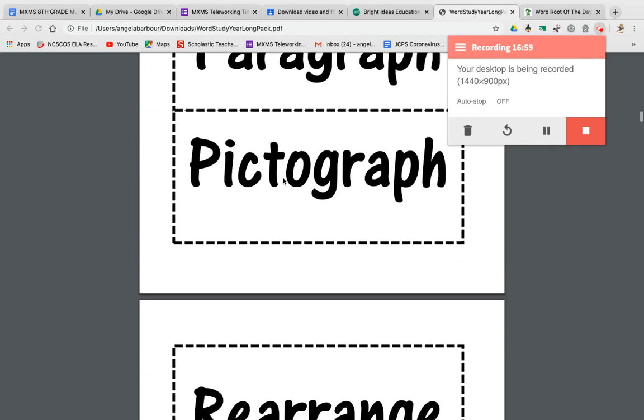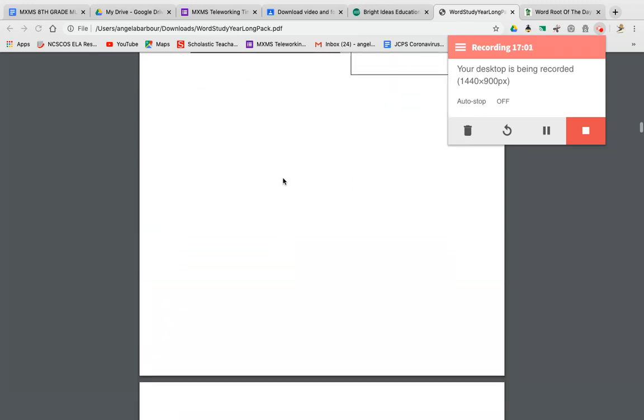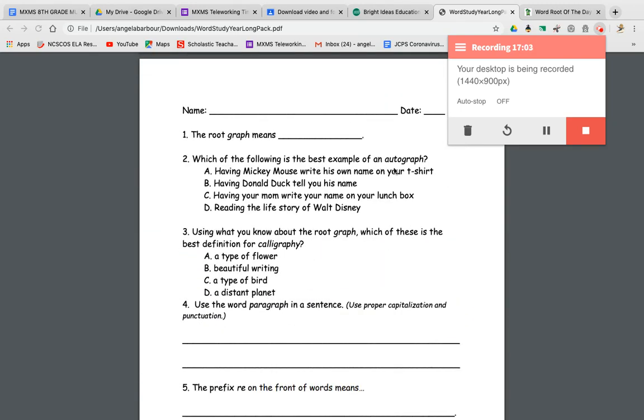So then what if you ask for an autograph? Now we know auto means what? Self, right? And we know graph means to write. Correct. So write yourself.